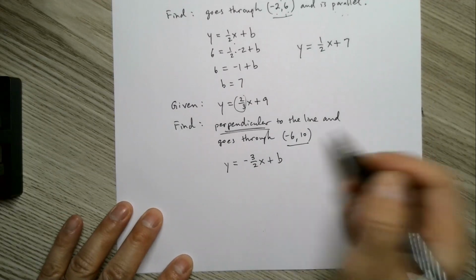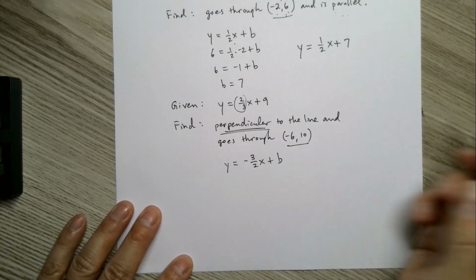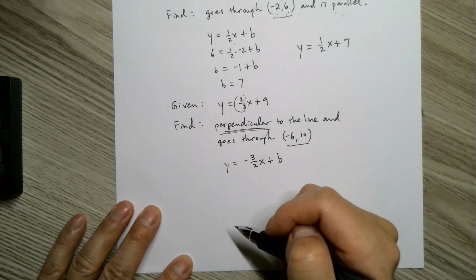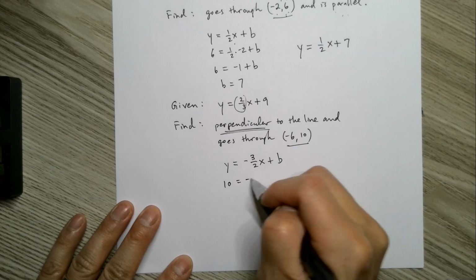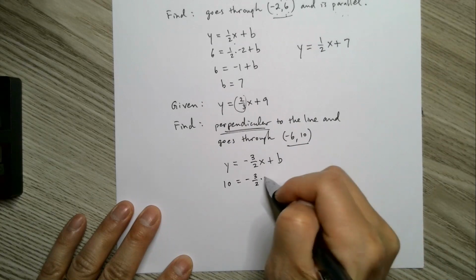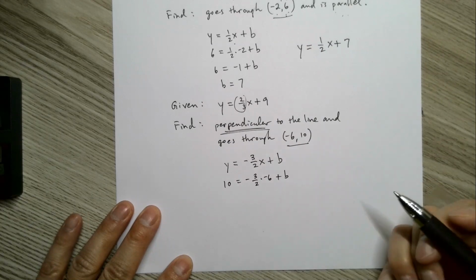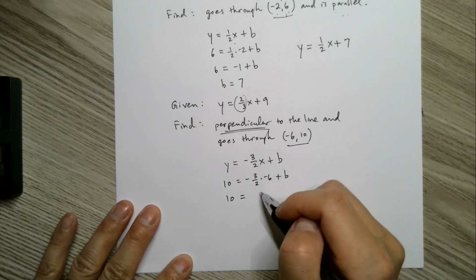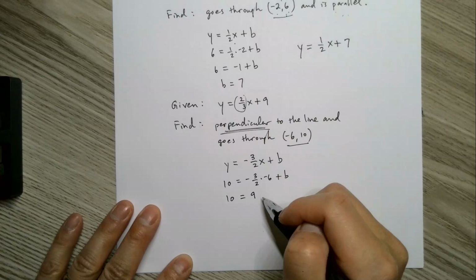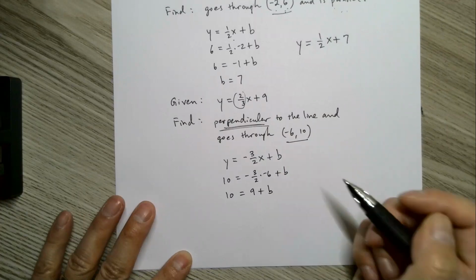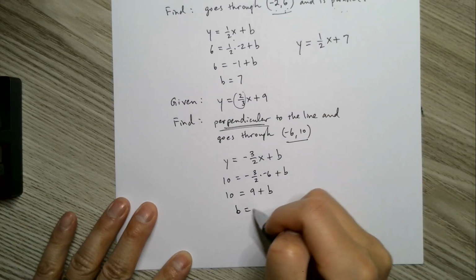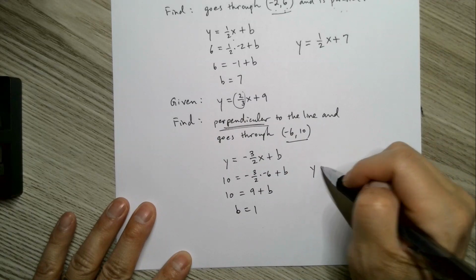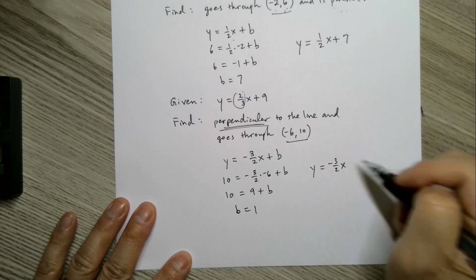But again, they gave me a point, which I can plug in. And b is 1. So my equation is y equals negative 3 over 2x plus 1.